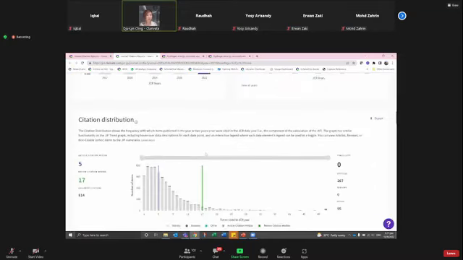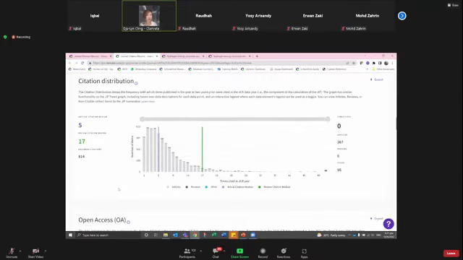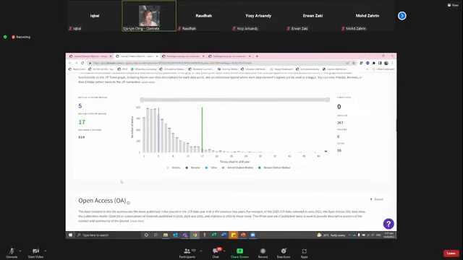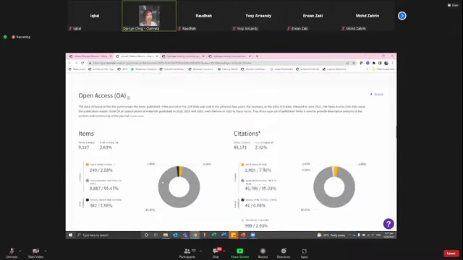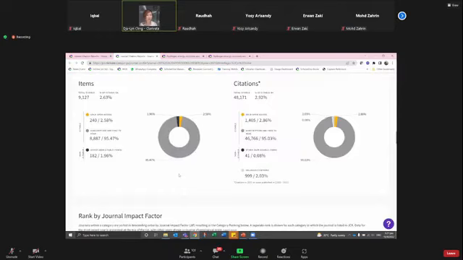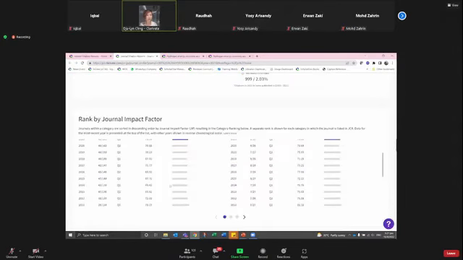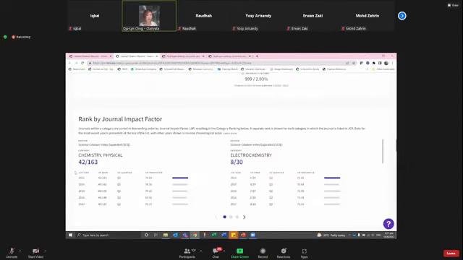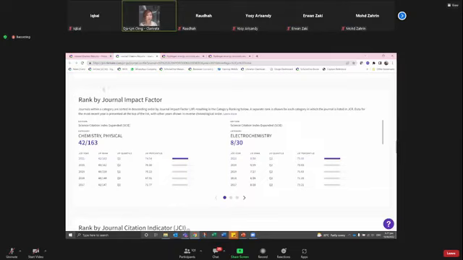If you scroll down further, you have the citation distribution chart that I explained earlier on the screen capture on the slides, as well as the open access donut. And you would also see the quartile information right here. The rank is in terms of journal impact factor, rank by JIF.